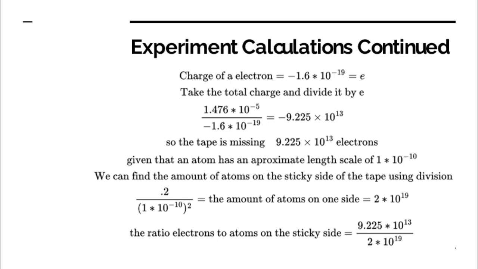We found that to be 9.225 times 10 to the 13th. Given that an atom has an approximate length scale of 1 times 10 to the negative 10, we can find the number of atoms on the sticky side of the tape using division. Once we find that, we can find a ratio of the number of electrons lost to the number of atoms on the sticky side of the tape.